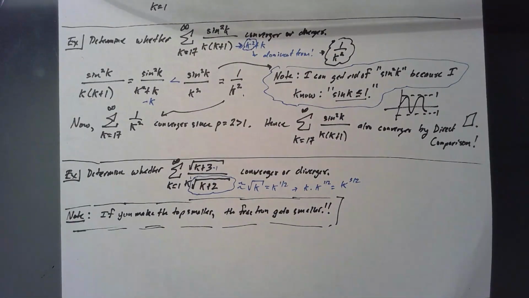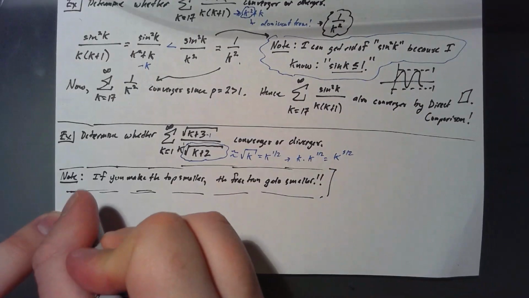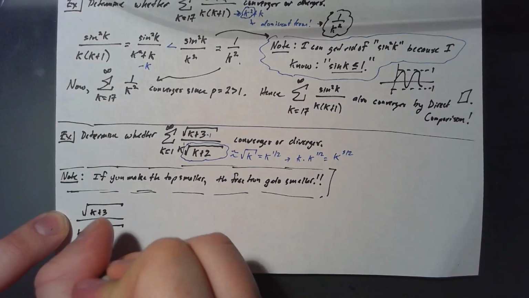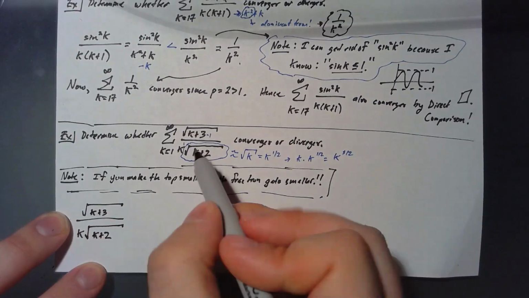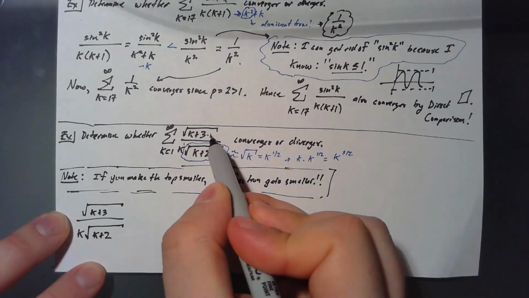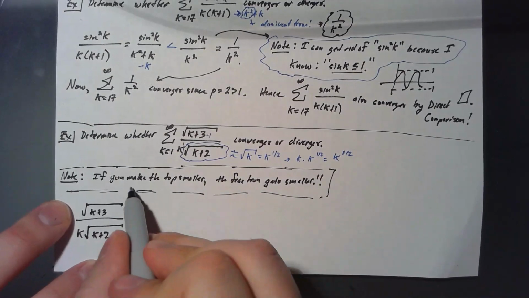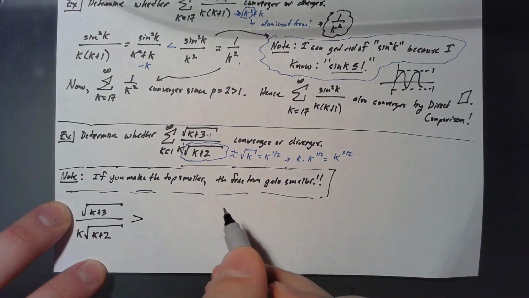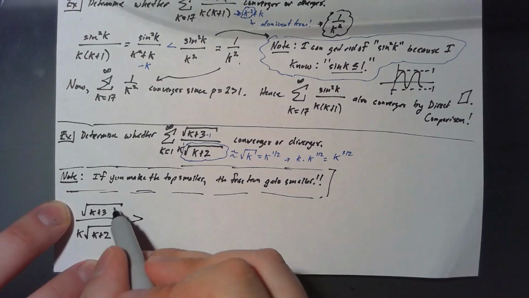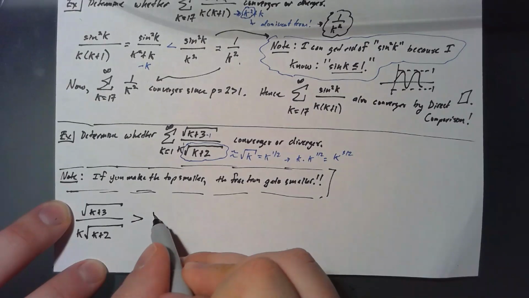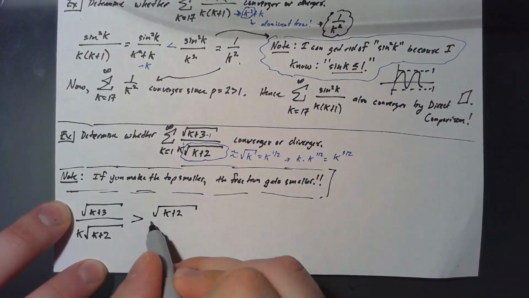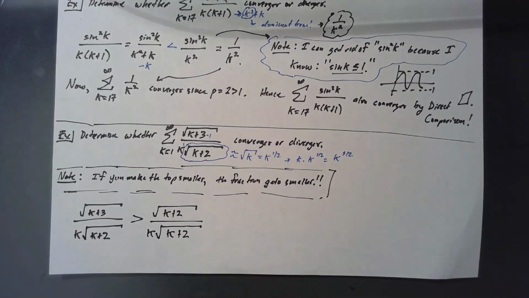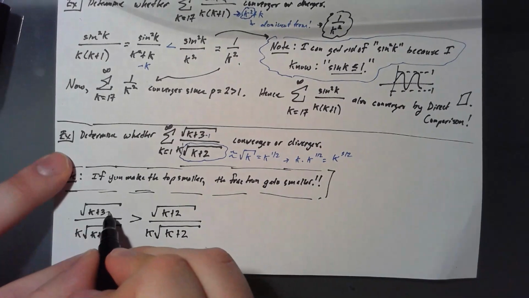All right, so if I started with this series, and I make the top smaller by subtracting 1 from it, the fraction gets smaller, which means I have this instead. So when I subtract 1 from here, I'm going to get the square root of k plus 2 all over k times the square root of k plus 2, because I subtracted 1 from the top.